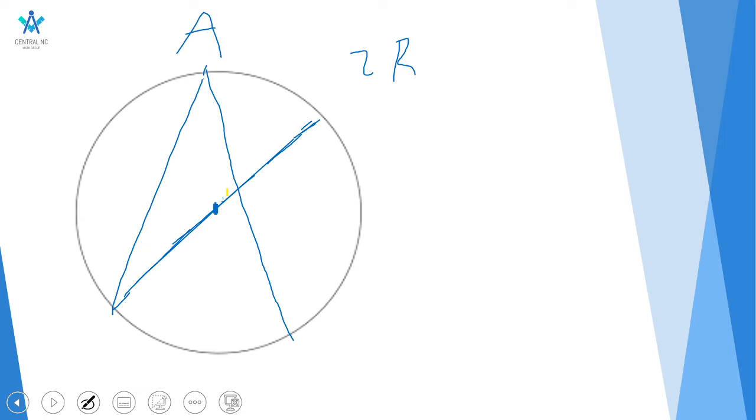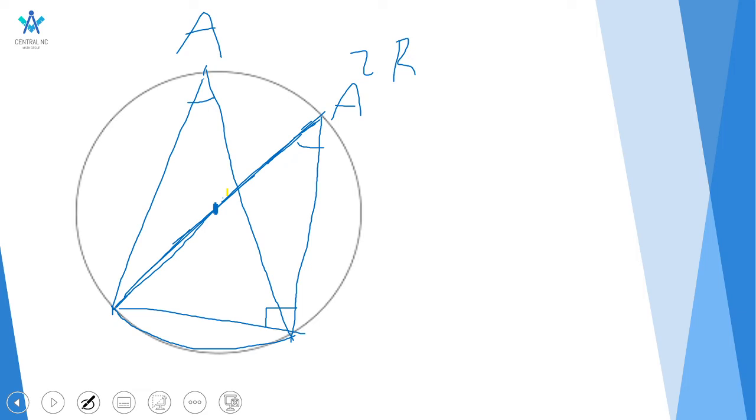If you know a bit about cyclic quadrilaterals, you can say that this angle here is equal to the angle here because they have the same arc length. And if you also knew something about these circles, you can also say that this triangle, since it has a diameter as a side, has a right angle.